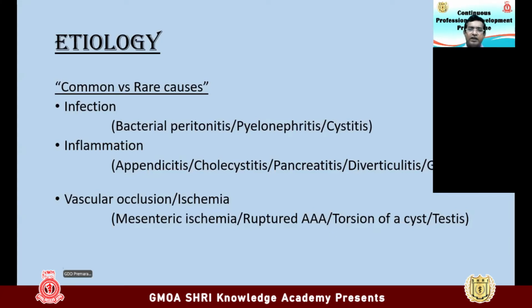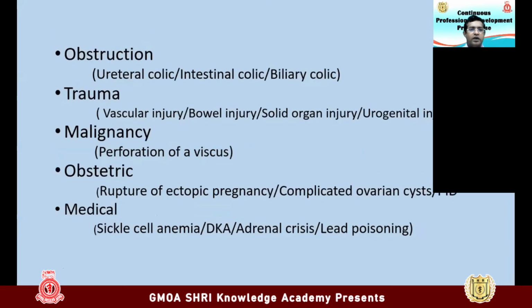Inflammation can happen together with infection, or sometimes it may be due to some sort of chemical or irritational pathology. And vascular events like occlusions, ischemia, and sometimes it may be due to obstruction, so commonly ureteric colic, biliary and intestinal colics.